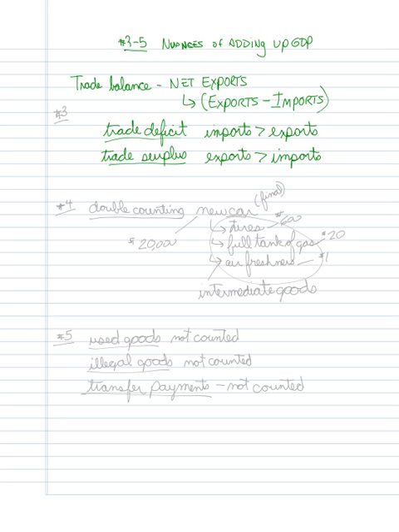Now, in terms of double counting intermediate goods, double counting happens when I buy a good that has lots of components in it. Like, for instance, if I buy a new car, it presumably comes with tires. It might come with a full tank of gas. It might come with an air freshener.